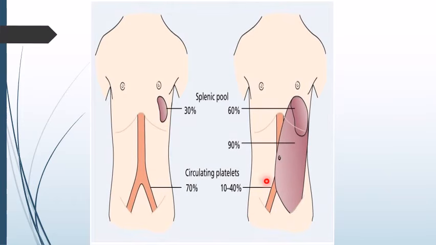So it will cause what is called apparent thrombocytopenia. When we measure platelet count, we have a reduced platelet count, but in fact, platelets are not reduced, they are redistributed by the spleen. And we may need to remove the spleen. We do splenectomy to increase platelet count.